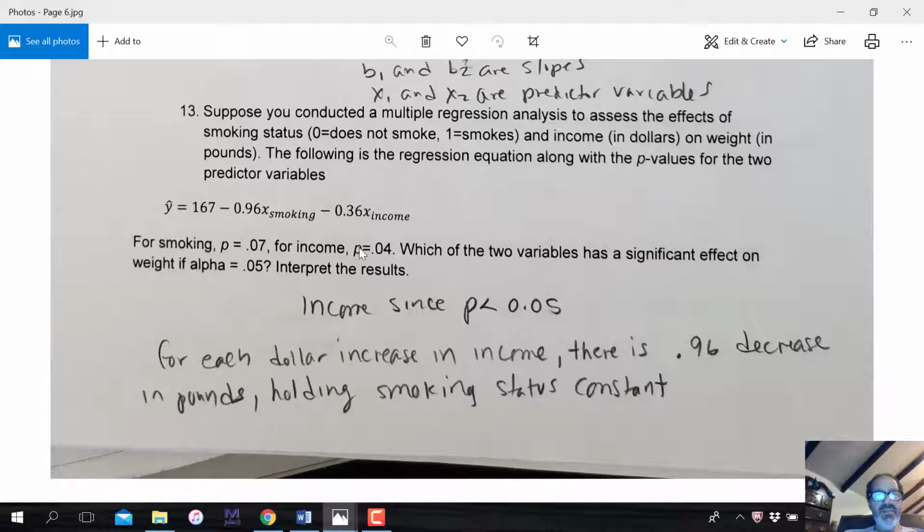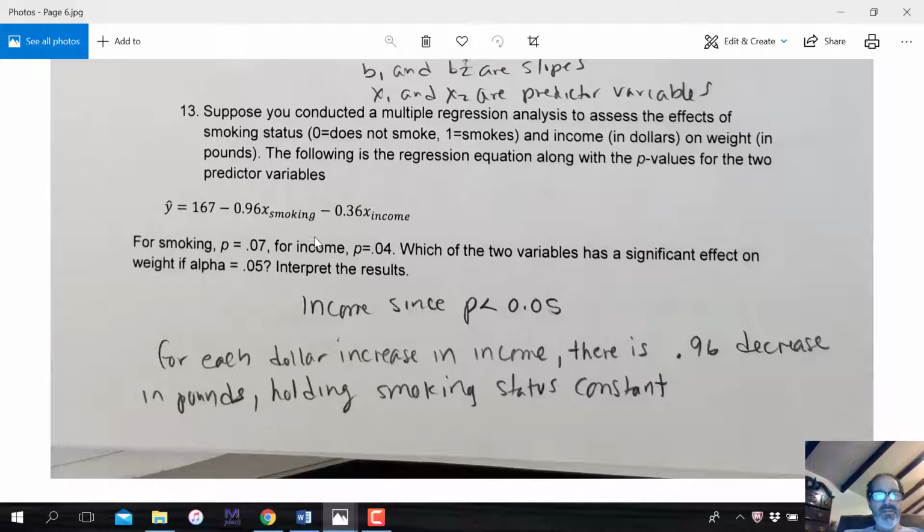For income, p is the probability of the observed result given the null hypothesis is true. In regression equations, the null hypothesis is that these b values are equal to 0. So this would be the probability of observing this value if, in fact, the b value is 0.